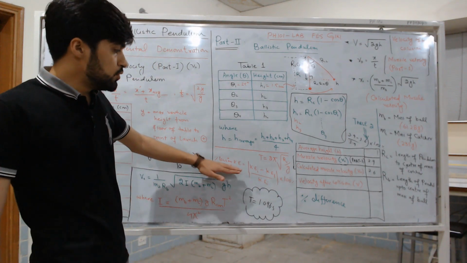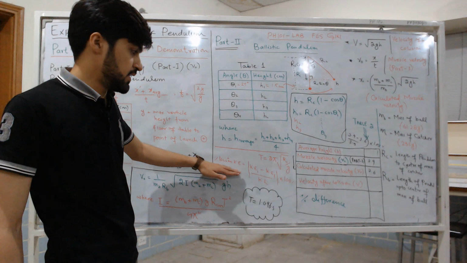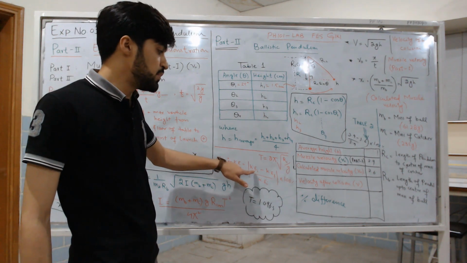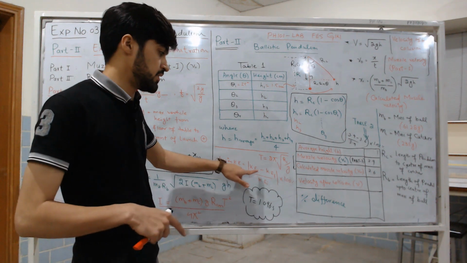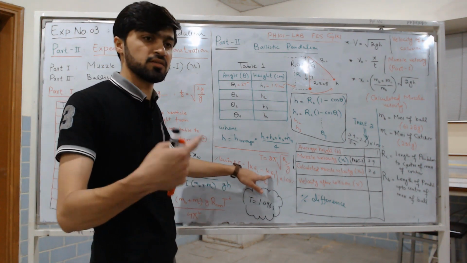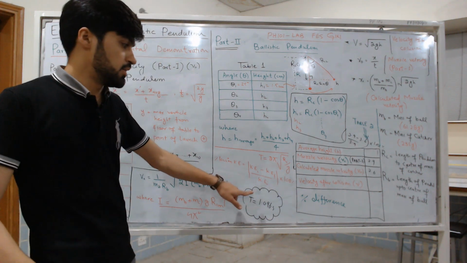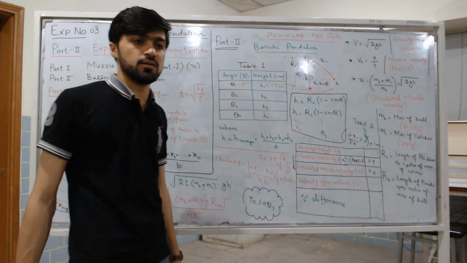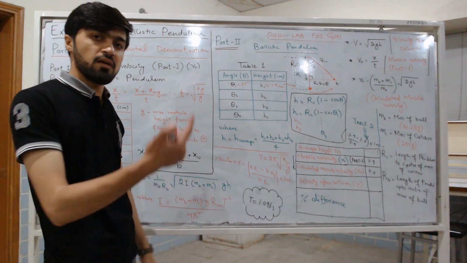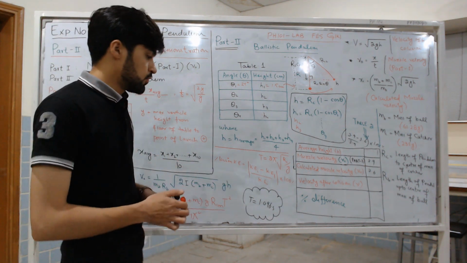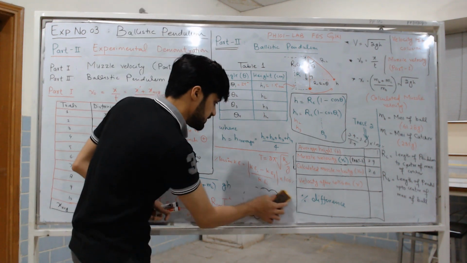And you have to calculate the loss in the kinetic energy. So the loss in the kinetic energy is the kinetic energy before collision, that is the initial kinetic energy, minus the kinetic energy after the collision, that is the final kinetic energy, divided by the initial kinetic energy, absolute, and multiplied by 100%. So how to do it? We have discussed this in our previous lecture. I will briefly explain it simply.